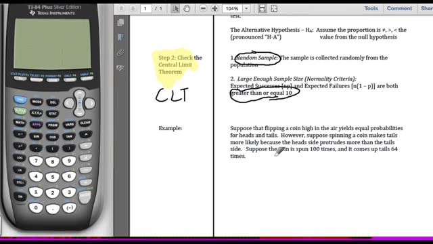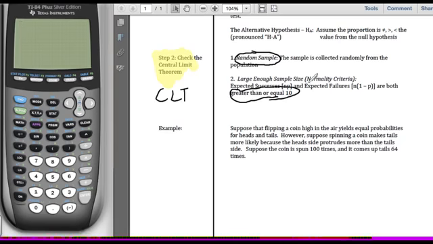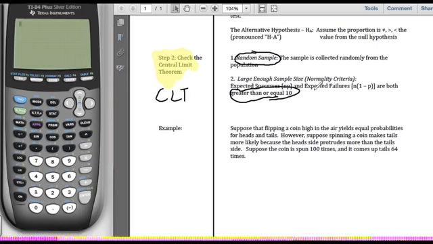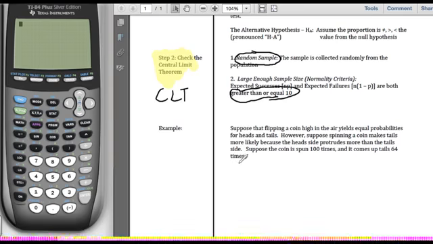It says suppose the coin is spun 100 times and it comes up tails 64 times. If I wanted to walk through a hypothesis test to see if tails is more likely than heads, my first 2 steps would be as follows.